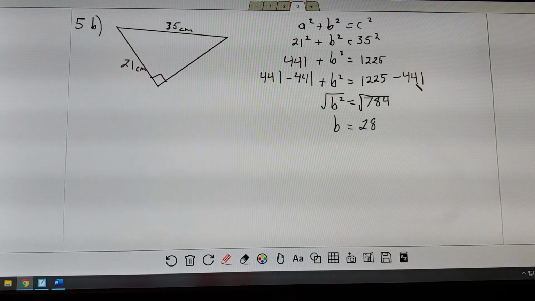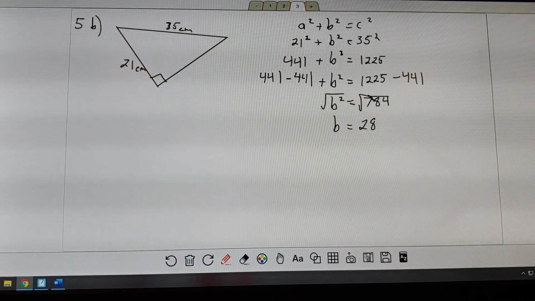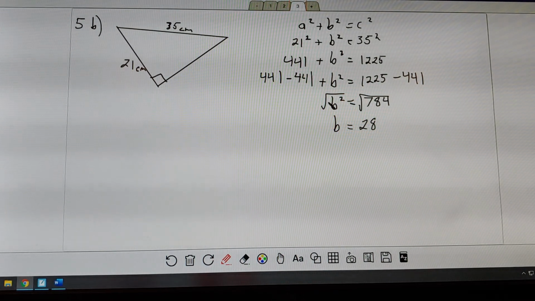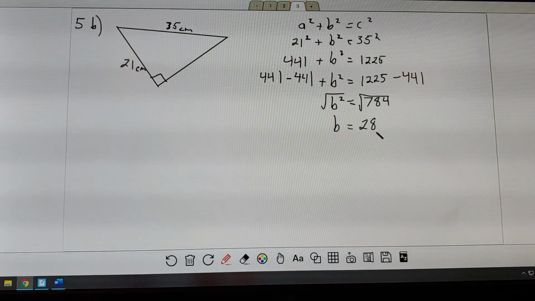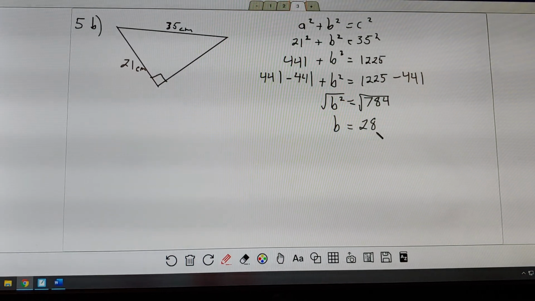Subtract 441 from both sides. Leaves me with just B squared, 784. Square root that to get just B, and you get 28. Okay, and then 5C is going to be the same setup as this. It's side B that's missing.